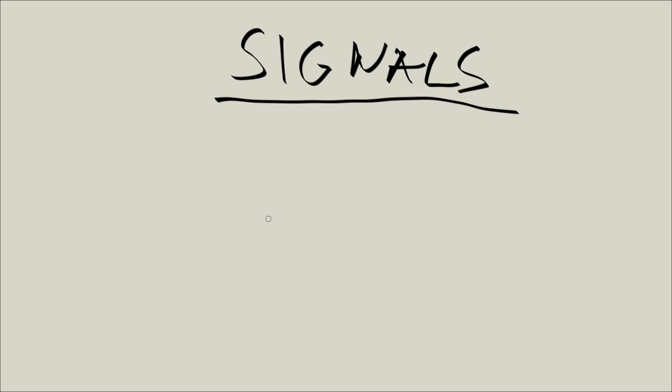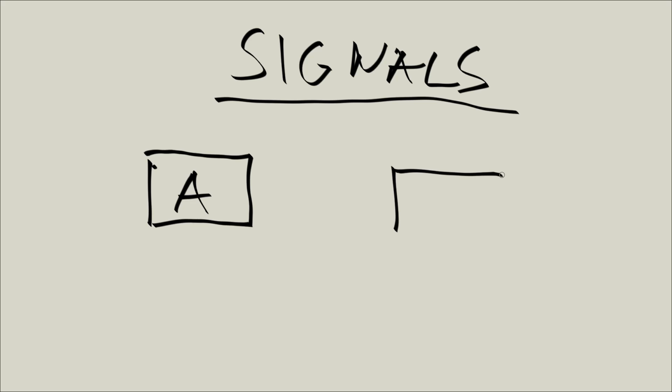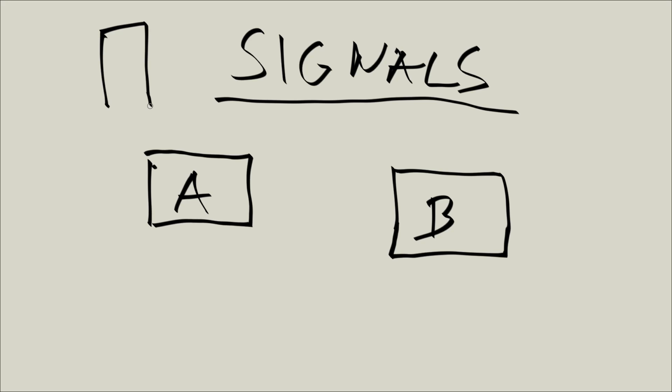What are signals? Signals are a way for processes to communicate with one another. As we already know, if we have, let's say, process A, and I'll write it as a box, and here I have process B, basically process A, how it actually looks in our computer memory is like this.